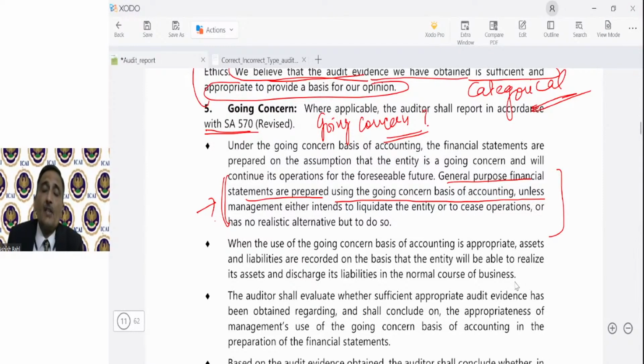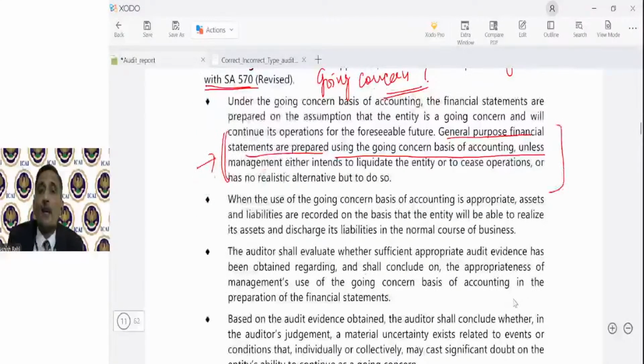When the accounts have been prepared in accordance with the going concern basis, it is a fundamental accounting assumption and it is implied. But the auditor has to evaluate whether management's use of going concern is appropriate. The management is declaring in its notes to accounts that accounts have been prepared on the going concern basis.